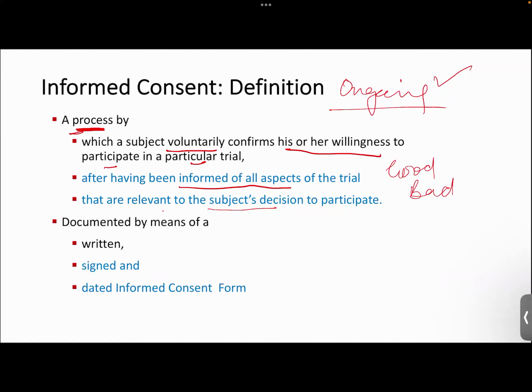Documentation always means written, signed, and dated. The date is very important, because you can start any study-related procedure only after the ICF. You can't even start taking any information from a patient without a signed ICF.